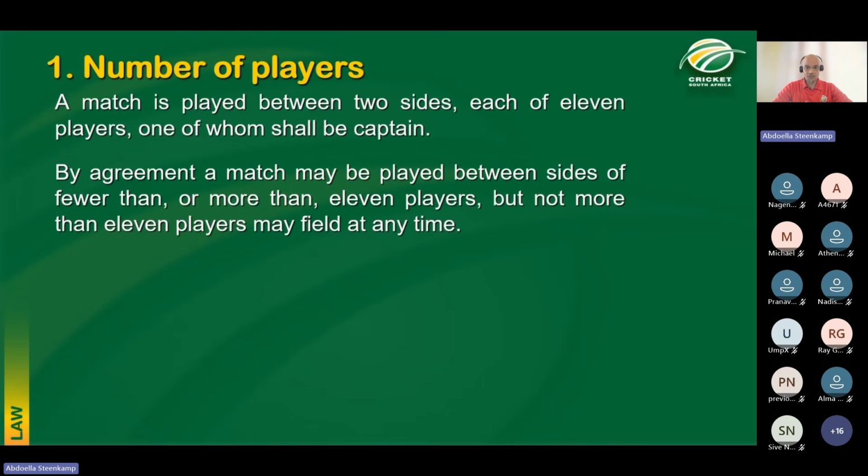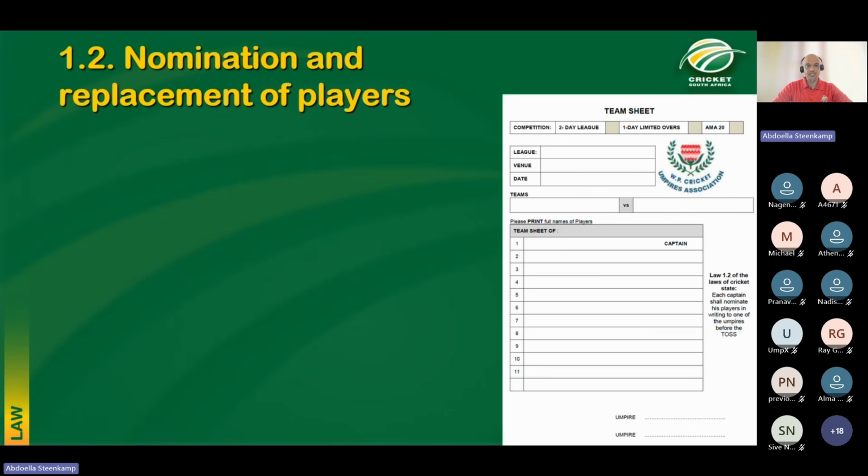But the condition is, if you are playing a game that has more than 11 players in the side, you're only allowed to field 11 players at any given time. So if you are playing a trial game and you allow 15 players a side, you're not allowed to field all 15 of them at once. The max is 11 fielders on the field at any given time.